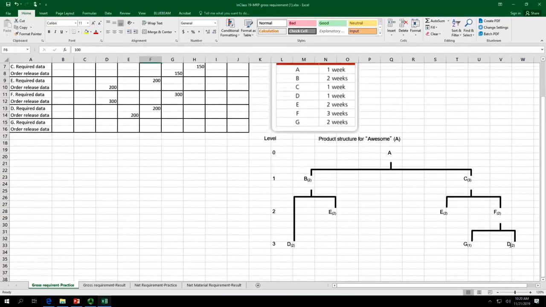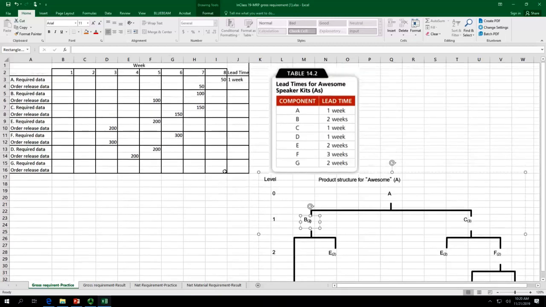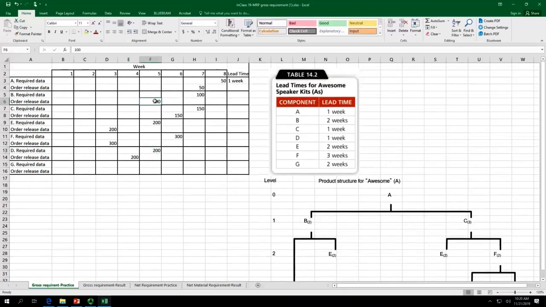Also, we have D associated with C, associated with F. And when you look at the diagram, this D is associated with B directly. So its starting date for B should be matched up with B's level. You need this in the end of the 5th week. So D, it is 1 week, now it is 4th week.